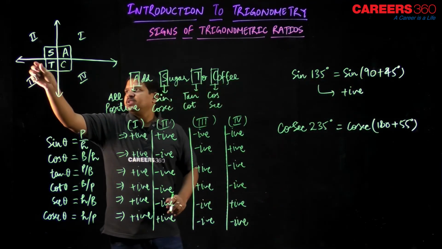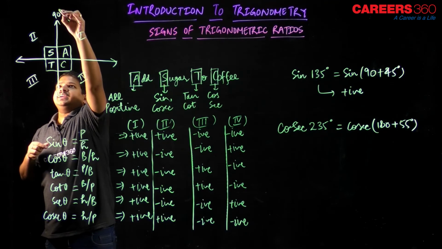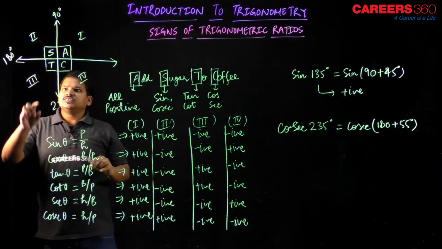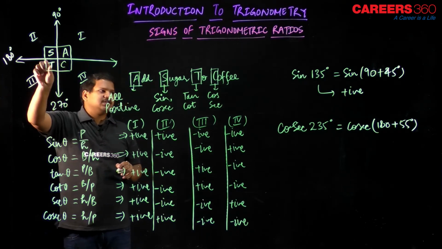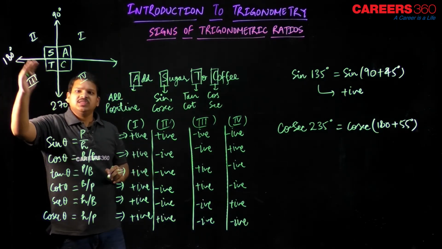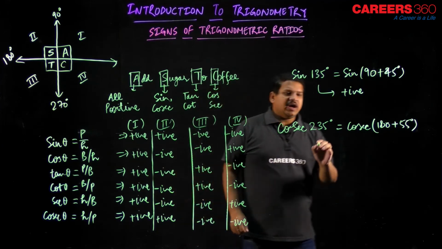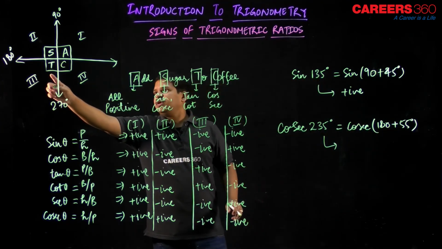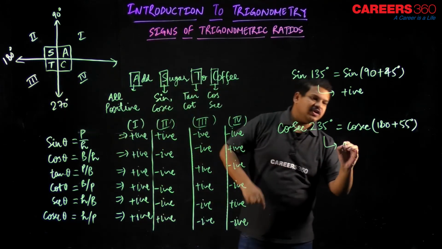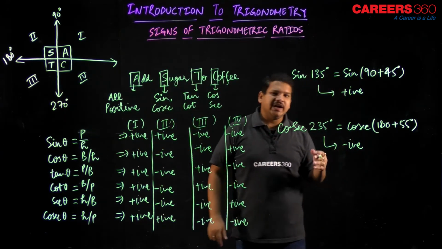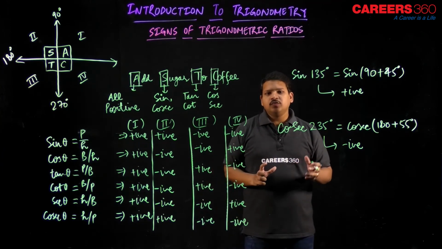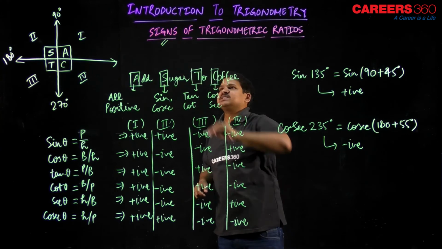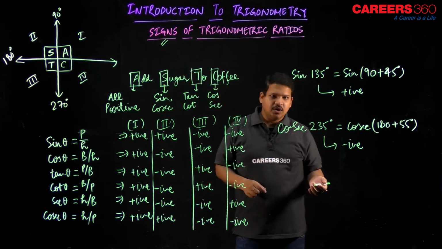And as you can see, this value is 90 degree, this value is 180 degree, this value is 270 degree. So this value right over here will lie in the third quadrant, right? And in the third quadrant only tan and cot are positive, so this value will be negative. Right now I am not worrying about what the value will be, but I am worried about the signs. What will be the sign of this value?